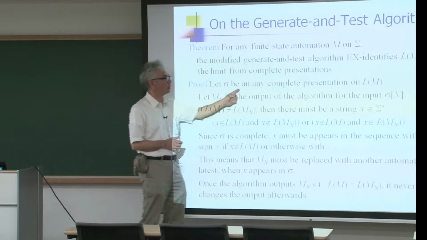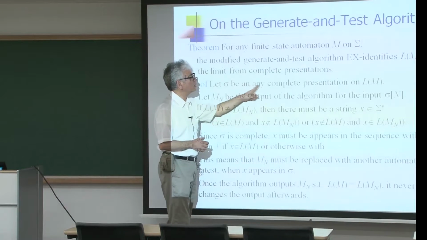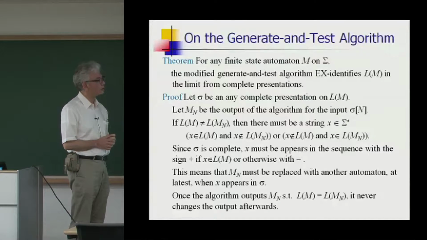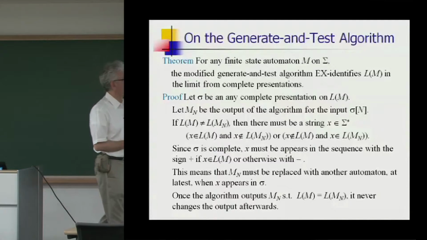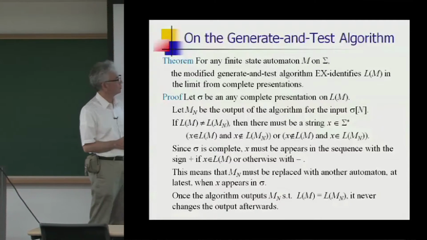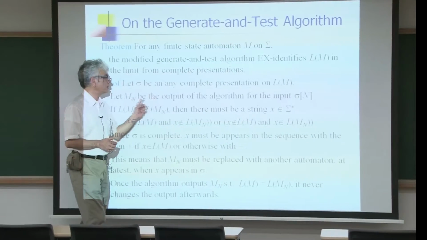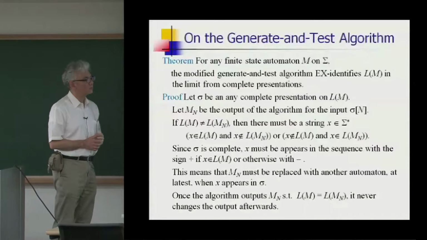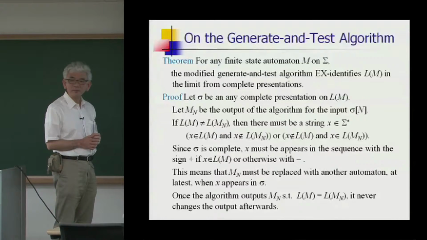Let sigma be any complete presentation of L of M, and let L sub n be the output of the algorithm for the input of the truncation of sigma.